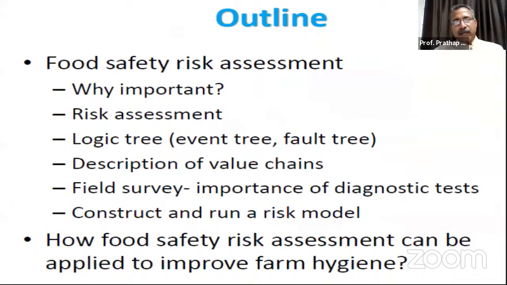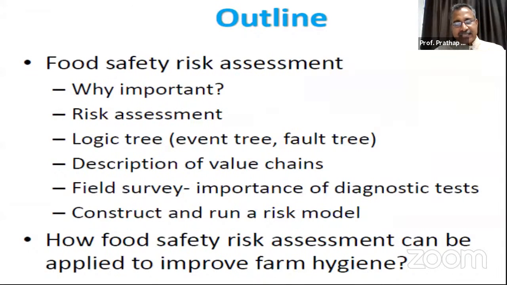In the food safety outline, we all know why food safety assessment is important. I have already talked about why we need to do the risk assessment. We have to create the logic tree where event and fault trees are created. A description of value chains is also made. Proper field surveys for highlighting the importance of diagnostic tests are also done.